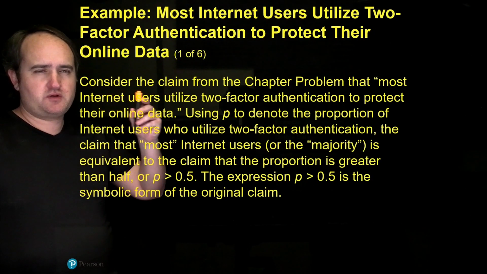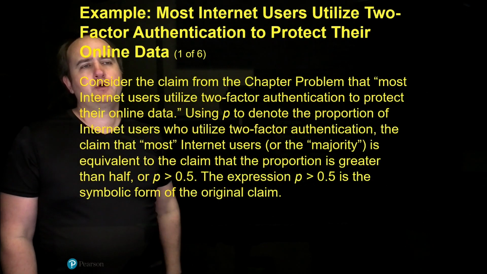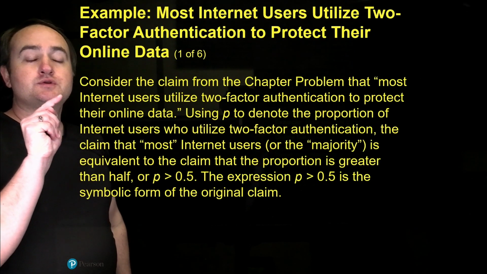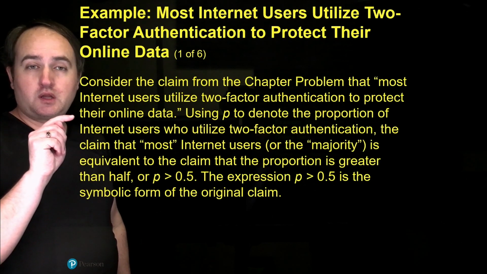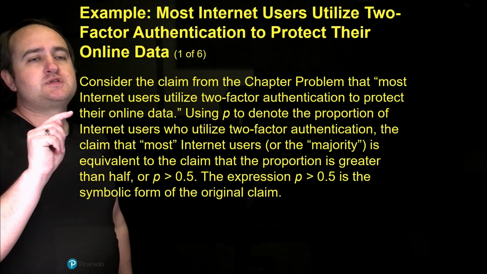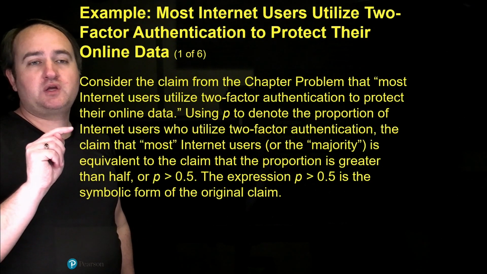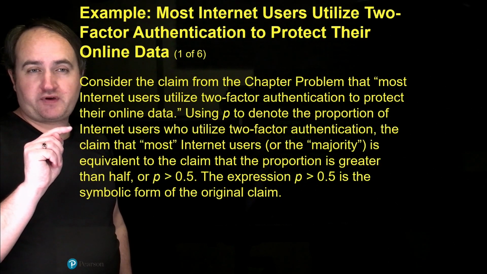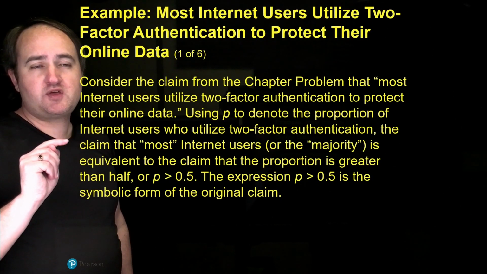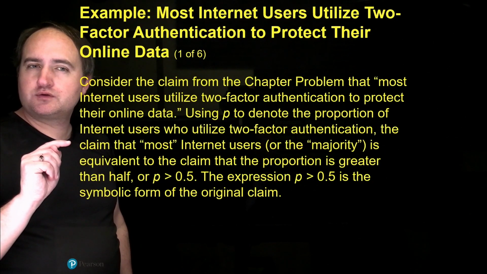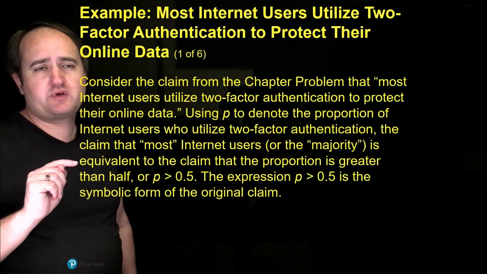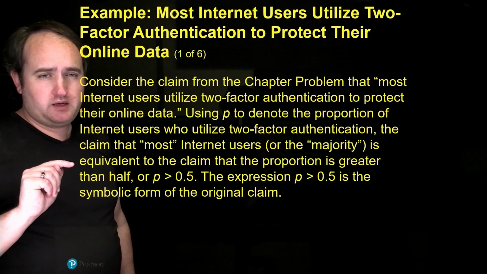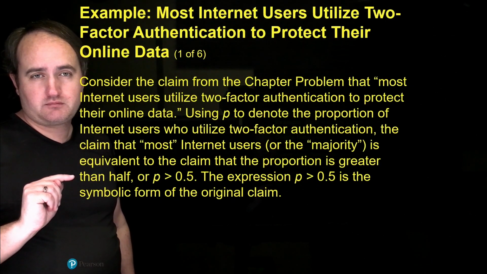So consider the claim from the chapter problem in our book that most internet users utilize two-factor authentication to protect their online data. Using P to denote the proportion of internet users who utilize two-factor authentication, the claim that most internet users, or the majority of internet users, is equivalent to the claim that the proportion is greater than half.